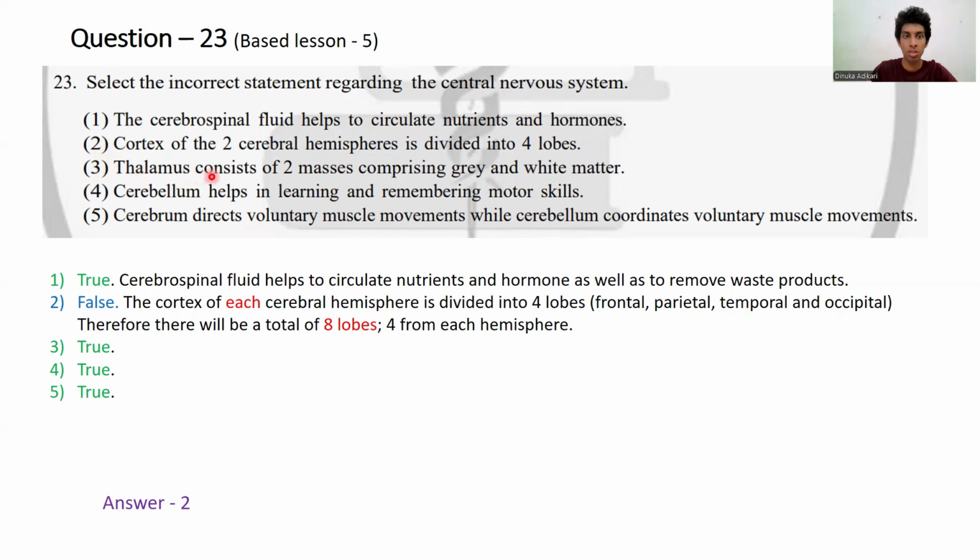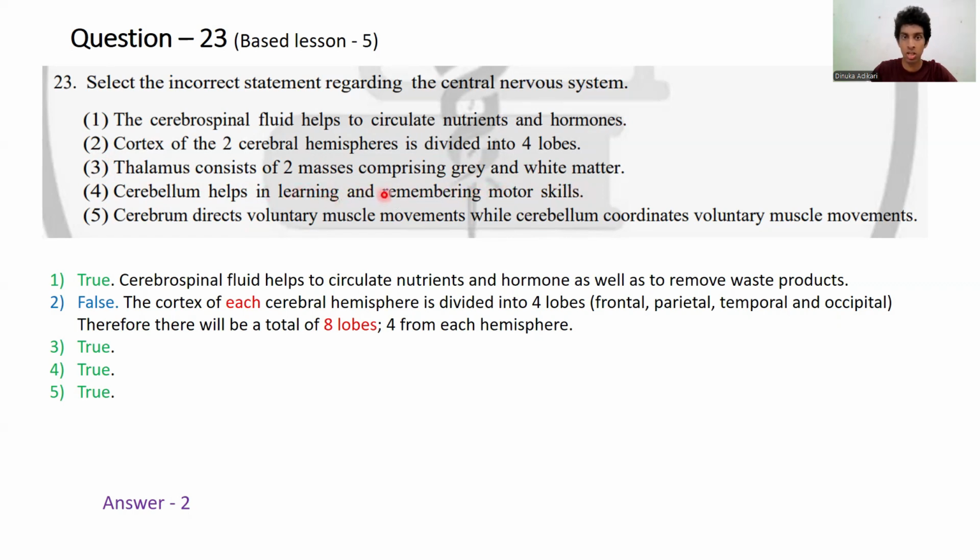Third one, thalamus consists of two masses comprising gray and white matter. That's correct. Thalamus has two masses comprising gray and white matter, like the cerebrum. The fourth one, cerebellum helps in learning and remembering motor skills. That's true.